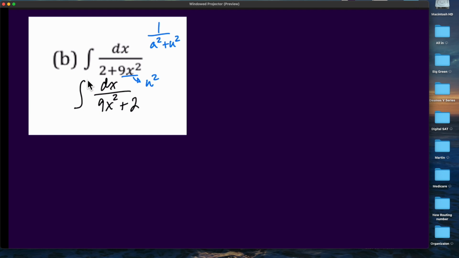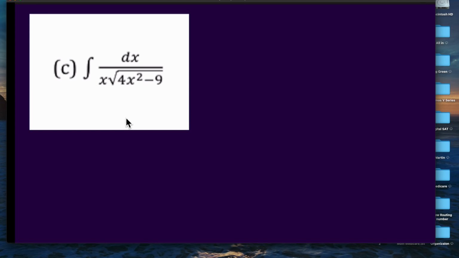However, if for whatever reason you're presented the integral where it appears that the u squared is in front of the a squared, that's okay because we're dealing with addition. So you could very simply reverse these and do the integral as we did a few moments ago.